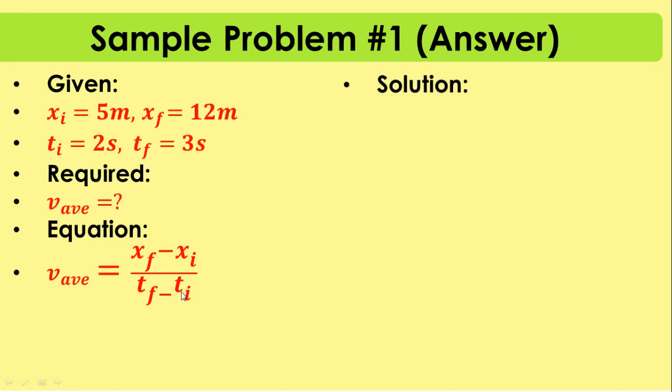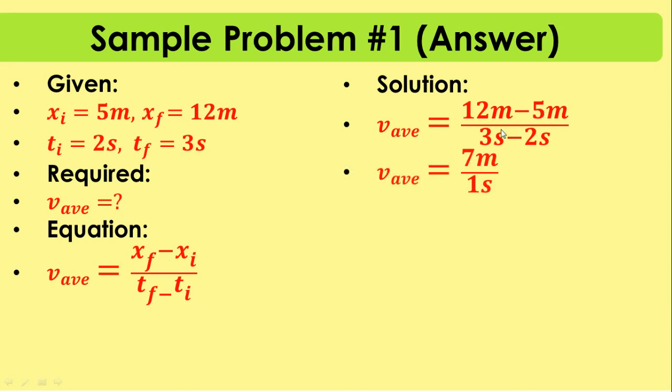Now, let's move on to the solution. Ano lang po ang gagawin natin dito sa solution? We just need to substitute all of the given to the formula. So for the formula, what is the x sub f, or the final position? We have 12 meters minus the initial position of 5 meters over 3 seconds, which is the final time, minus 2 seconds, that is the initial time.